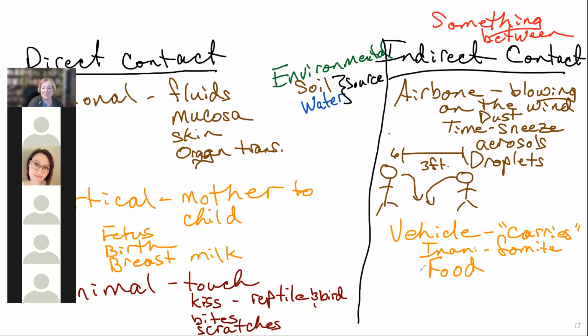So, but you can see how that would be indirect, because the source was not the food. The source contaminated the food. Now, the microbes did multiply in the food, but that's not normally where they live. They're just taking advantage of that. It's also the reason why we tell people not to leave potato salad out for long periods of time.